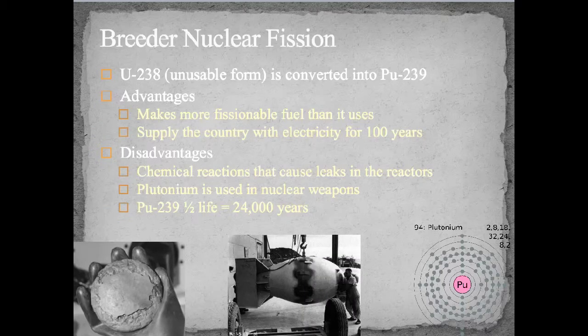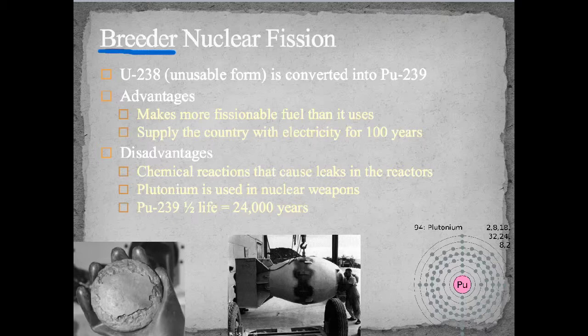So other than a conventional nuclear power plant, we also have these power plants called breeder nuclear fission. And what the breeders do is take this U-238, which is the unusable form, and convert it into plutonium-239. And I'll go back real quick. U-238 is not usable. What form is usable?